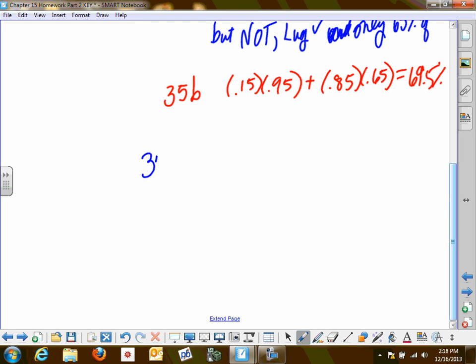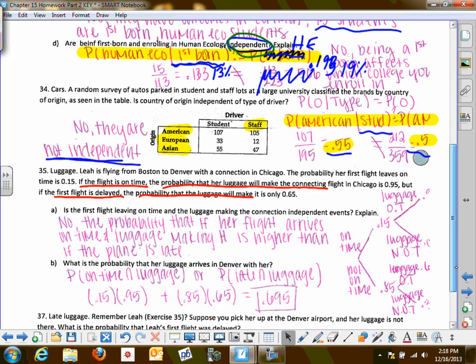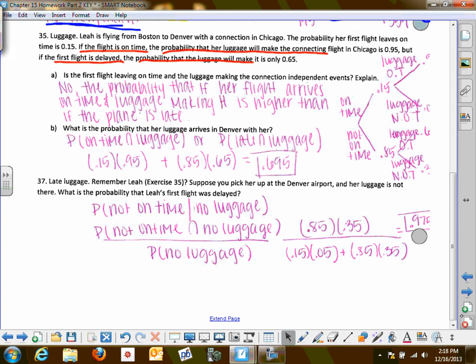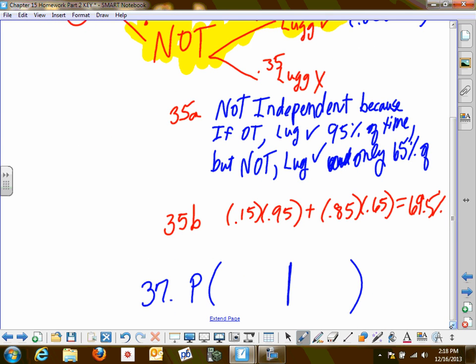The last problem, number 37, it is critical that you write the problem down in the correct notation. The question says this. Let's read it. Let's look here and actually look at the way it's written. It says, suppose you pick her up at the Denver airport and her luggage is not there. Okay, so that's the fact that's known. So that's what we write here.